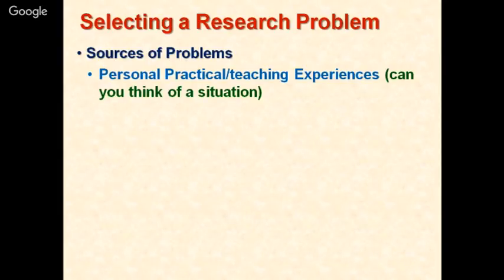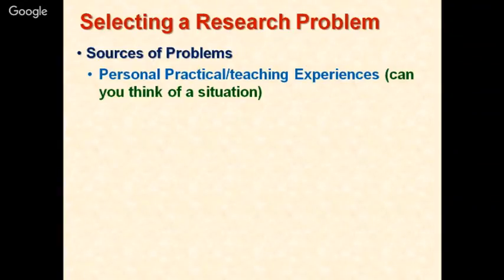Okay. So the first source of problem is personal, practical or teaching experiences. Can you think of a situation? I have already given you two situations. One is you recollect that you are teaching arc welding to your students, and you have observed that some of your students performed very well, and some were not able to perform the task to a minimum acceptance level.